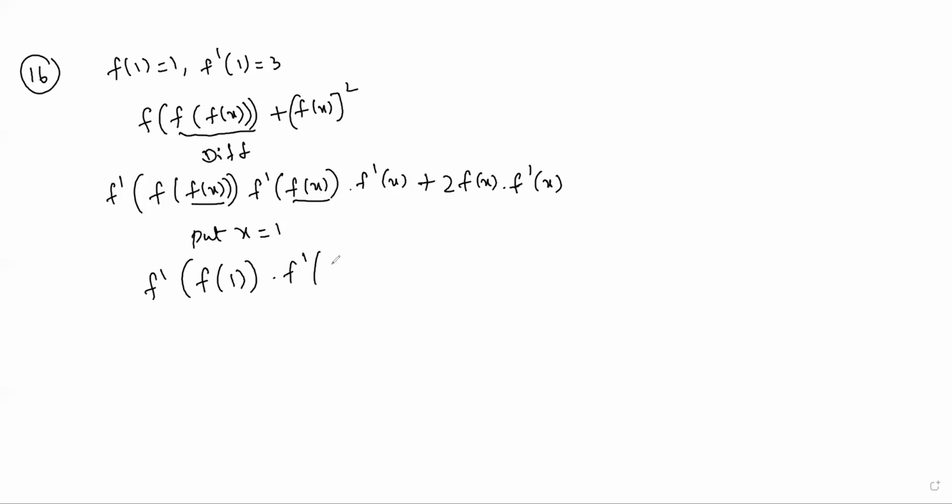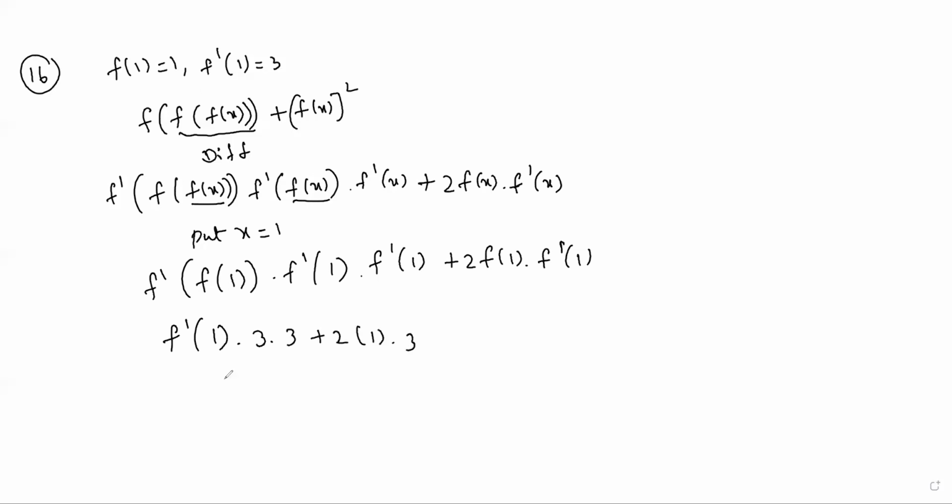F dash of F of 1 is F dash of 1. Plus 2 into F of 1 into F dash of 1. F of 1 is nothing but 1 only. Here F dash of 1 is nothing but 3, into 3, plus 2 into 1 into 3.